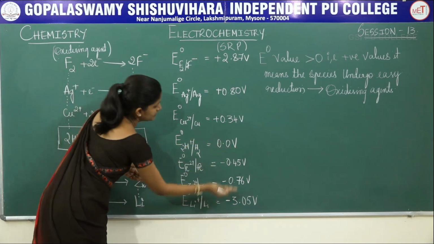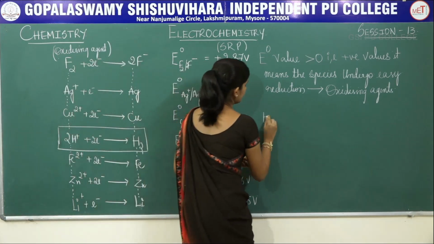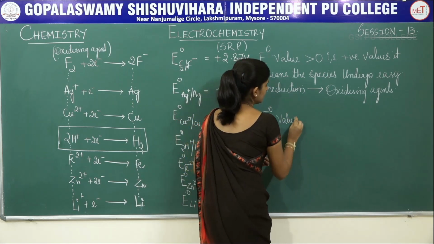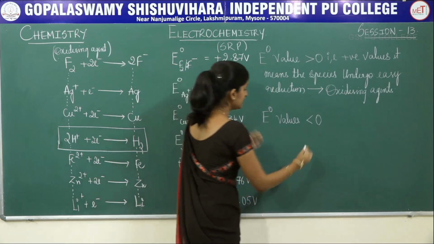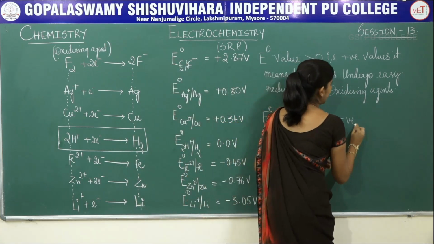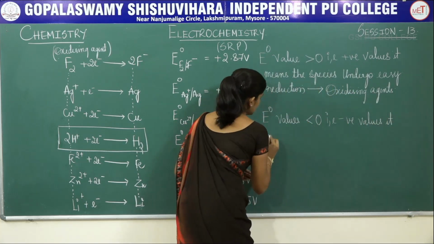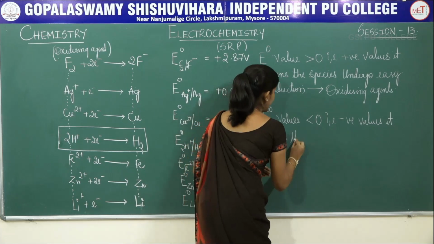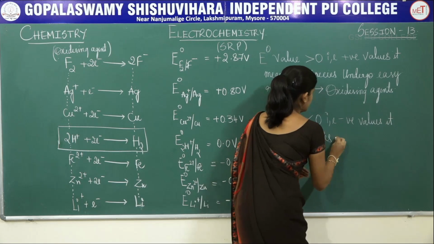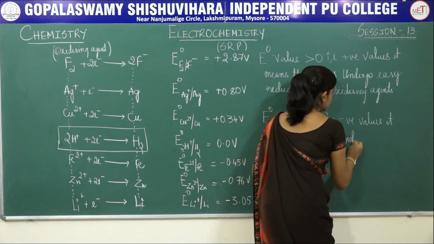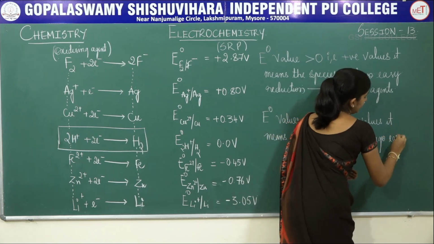Now, if you observe below 0, the values are going to be negative. That is, if the E0 values are less than 0, that is negative values, it means that the species do not undergo easy reduction.